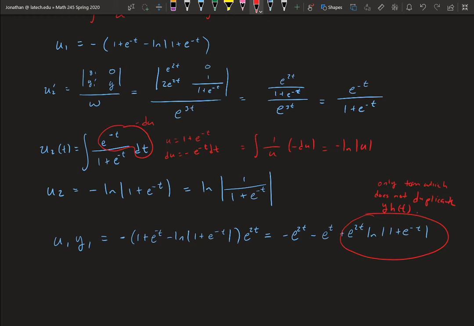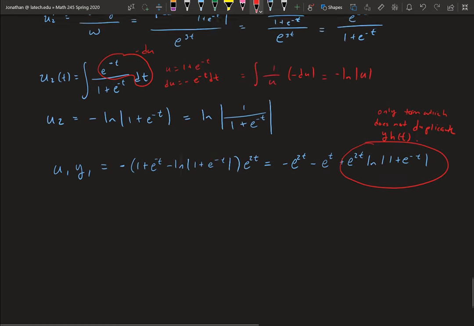So that's the only real new term for our solution, because we already have c1 e to the 2t plus c2 e to the t. So we only keep the terms that do not duplicate y sub h.